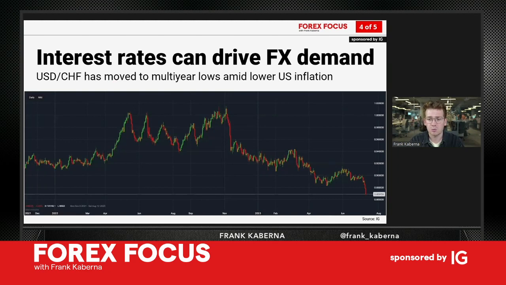And we're seeing this really play out. Here is the last year plus of action in US dollar versus the Swiss franc.